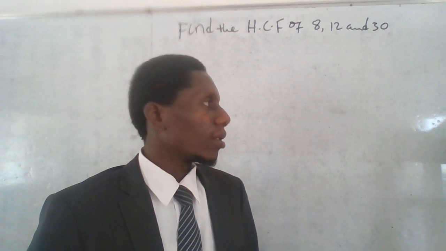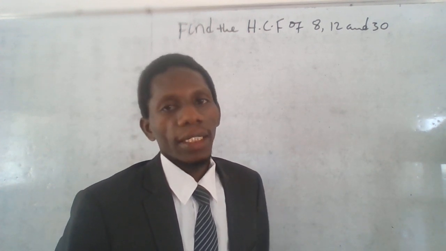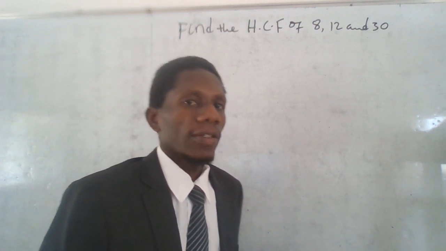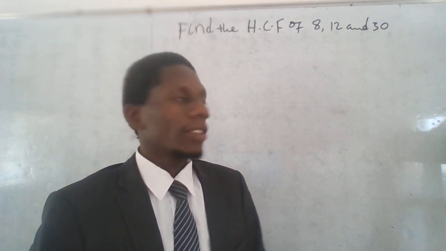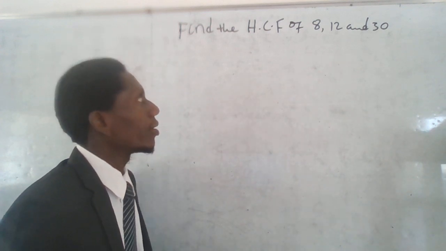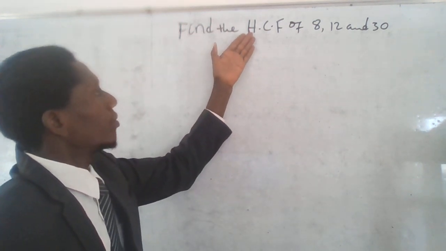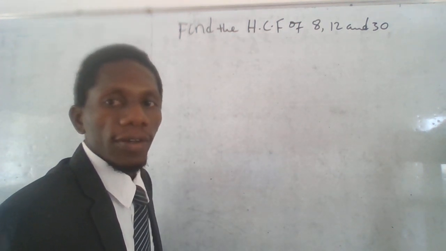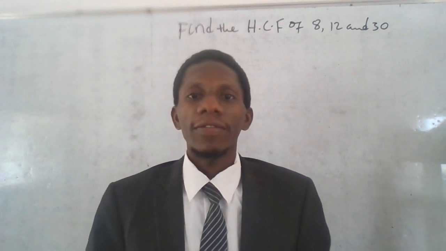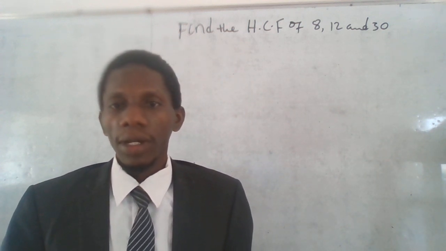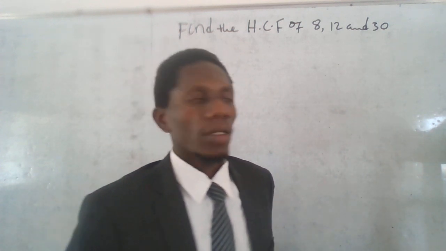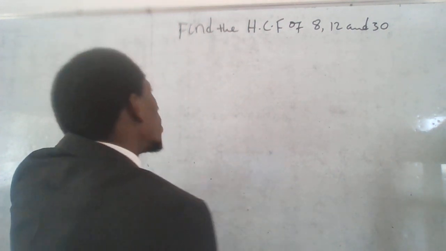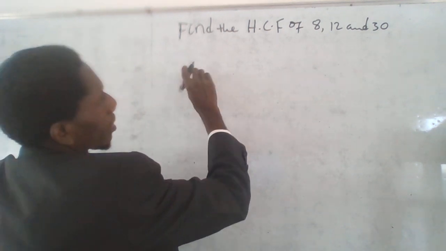So let's look at how we can get the HCF of 8, 12, and 30. HCF is the short form for highest common factor of given numbers. So let us see how we can work this.